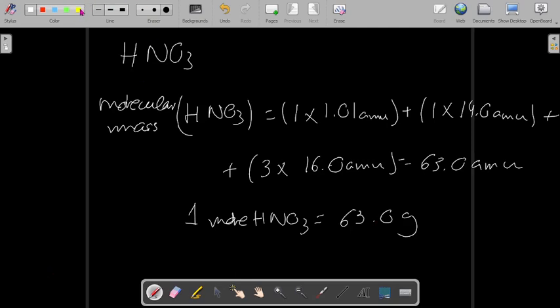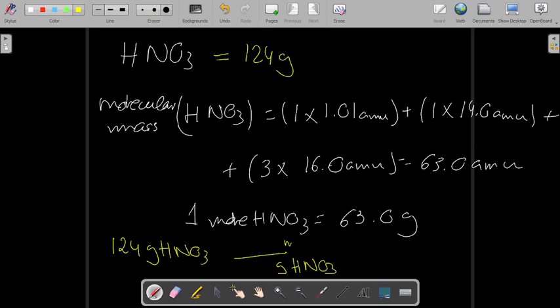The problem said that what we had here was 124 grams. So we need to see how many moles are in 124 grams. Let's do that. 124 grams of the nitric acid. I don't want grams of that nitric acid. I want moles. So always put what you're trying to get rid of at the bottom. Put the new unit that you want at the top. You remember that.